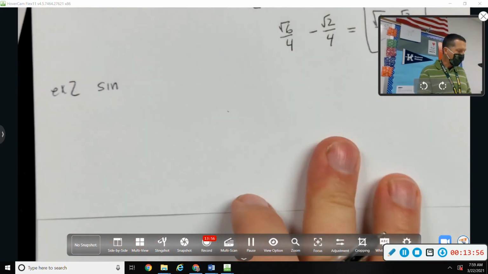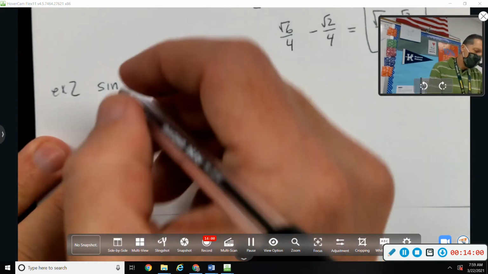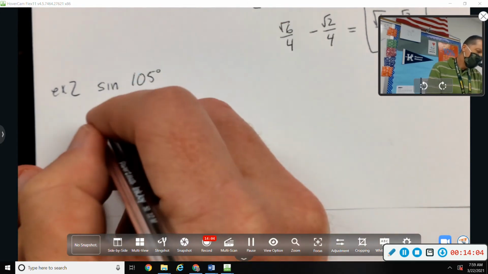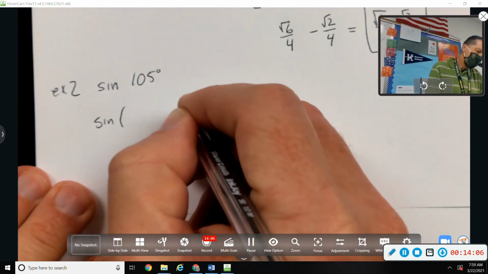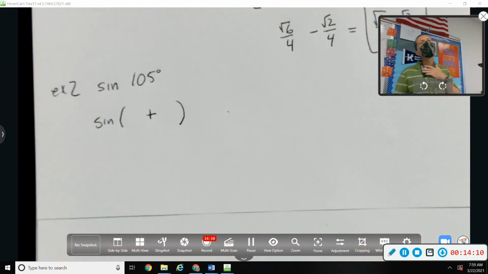Example 2. Sine of 105 degrees. So I got to switch my brain over to degree mode, and I need to figure out how can I get to 105 using unit circle values, right?